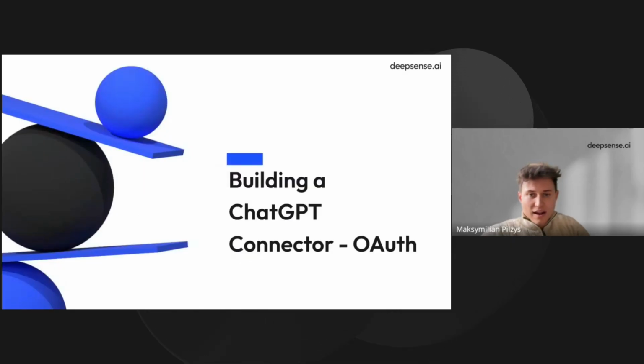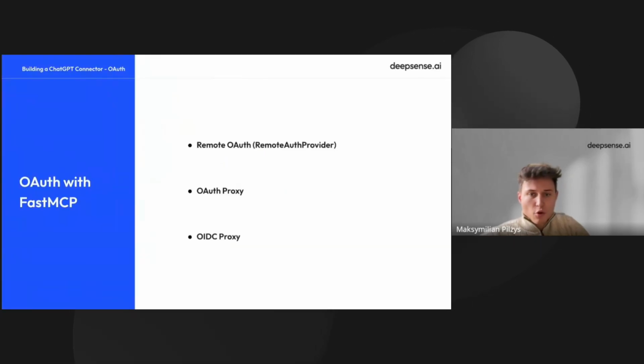So right now, let's add OAuth. We'll look at three options that FastMCP provides. Option one is RemoteAuthProvider. This is the option that uses dynamic client registration, so we're going to use it when our provider supports DCR.